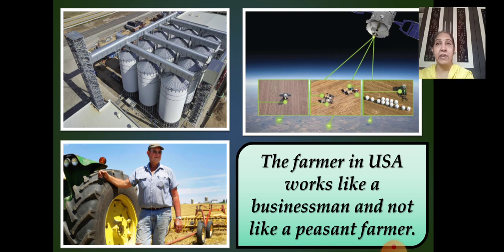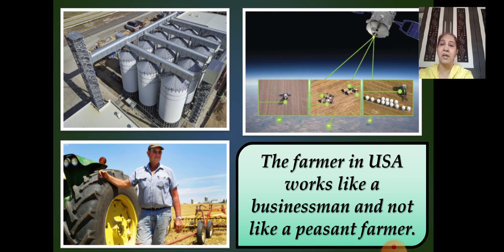And that is the reason it has been said that the farmer in USA works like a businessman and not like a peasant farmer. See, looking at the mechanization, looking at the technology, children, we will definitely say, yes, the farmer in USA works like a businessman and not like a peasant farmer.